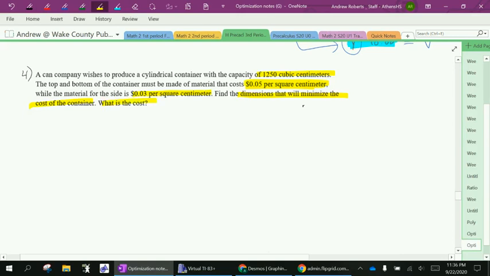So let's look at what we got. Can I have a cylinder? And the top and the bottom cost 5 cents per centimeter, and the side is 3 cents. Okay, so I know the volume has to be 1,250.